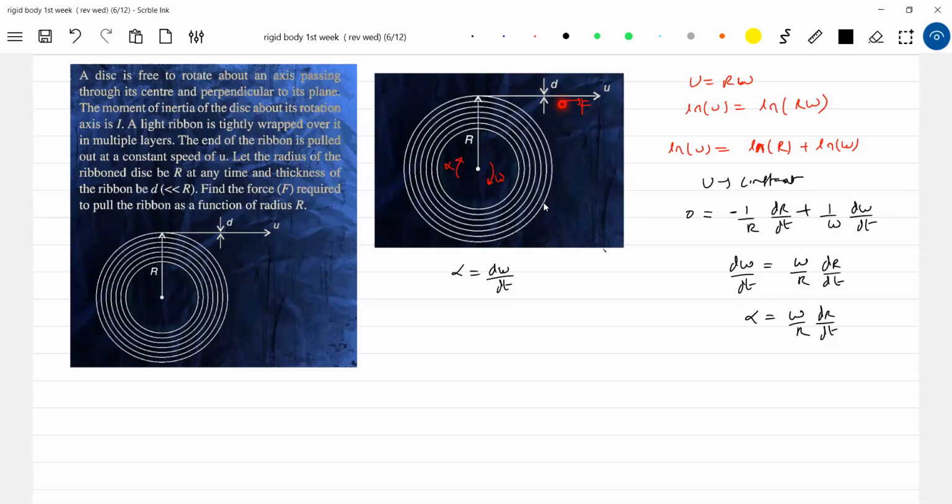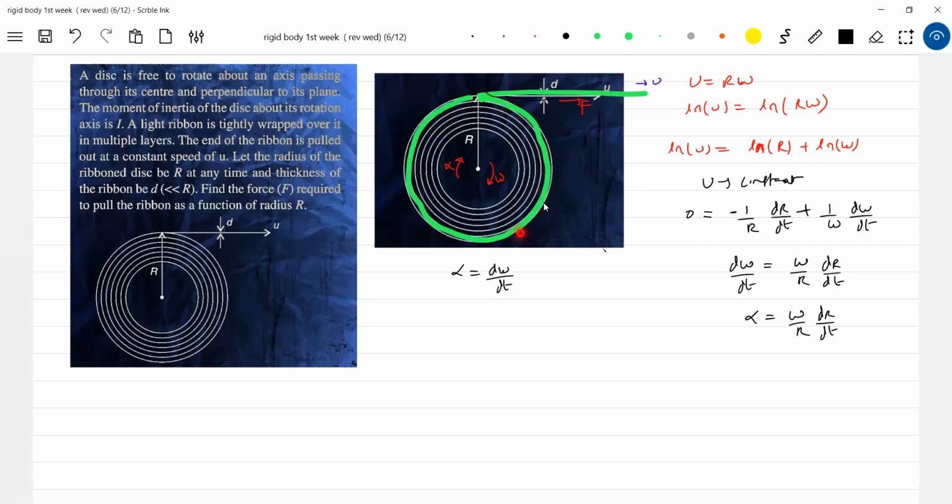I need a diagram. Yeah, I'll proceed like this. So imagine, volume of this part of the ribbon should be equal to volume of this part of the ribbon.